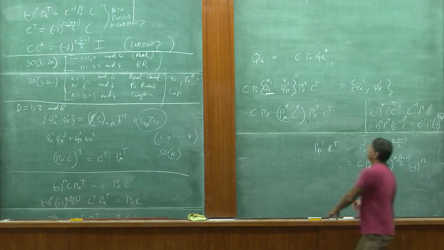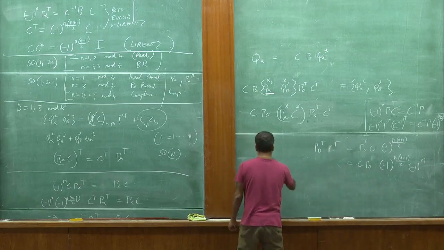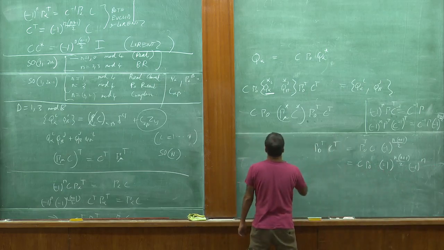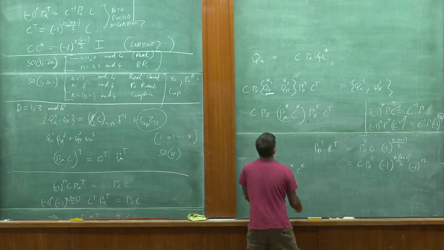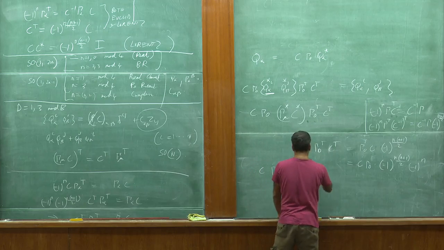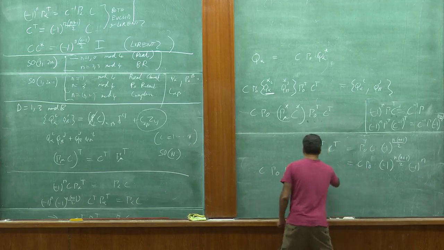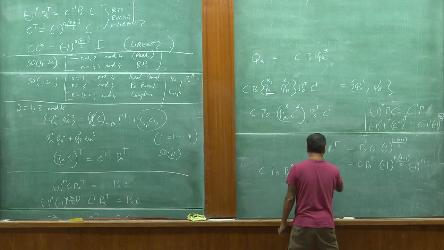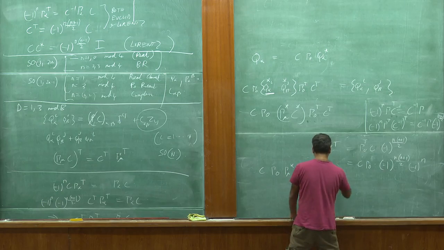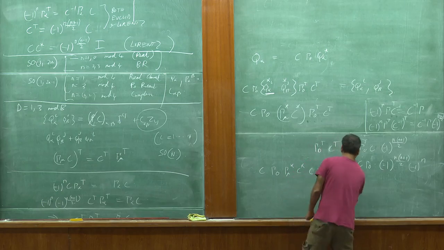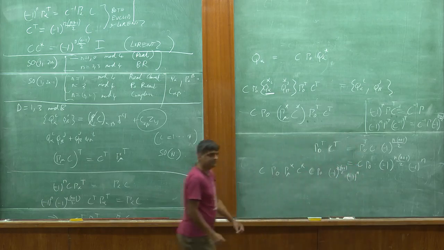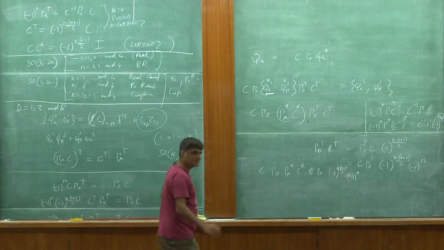So now we've got C gamma 0 gamma mu star C star gamma 0. This part is C times gamma 0 and then times this phase, minus 1 to the power n into n plus 1 by 2, minus 1 to the power n. Okay, good so far.